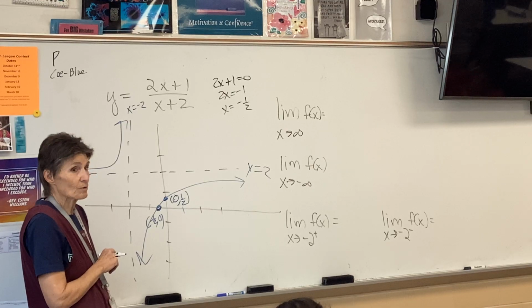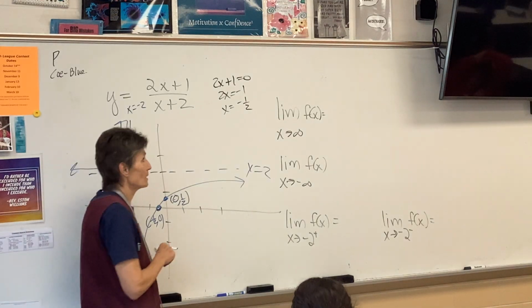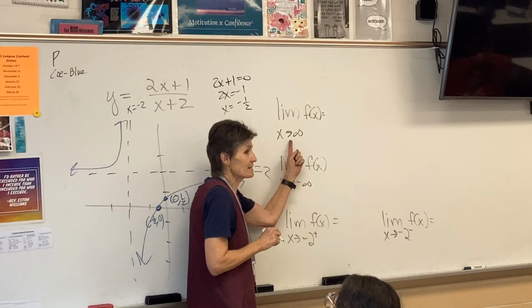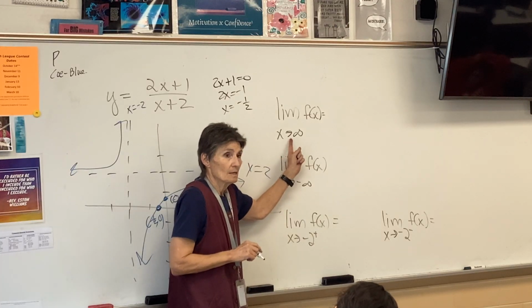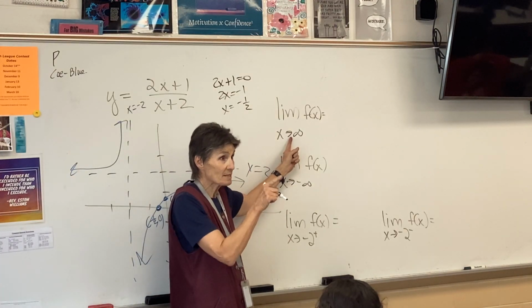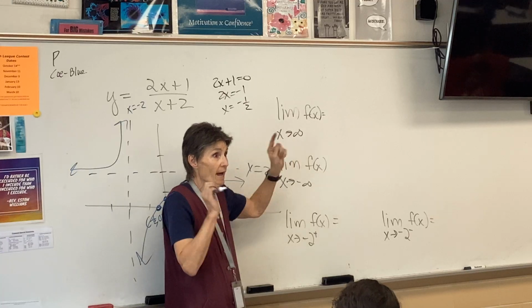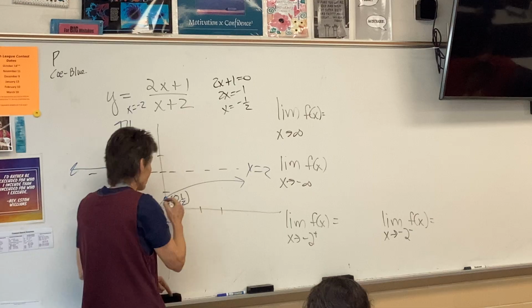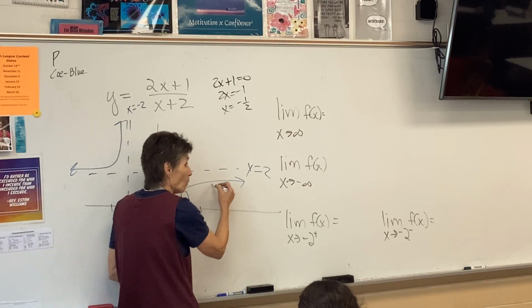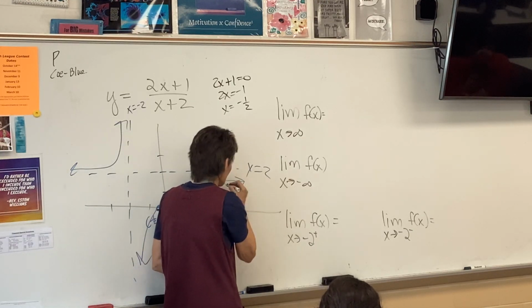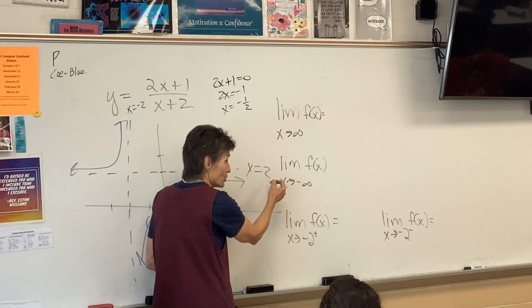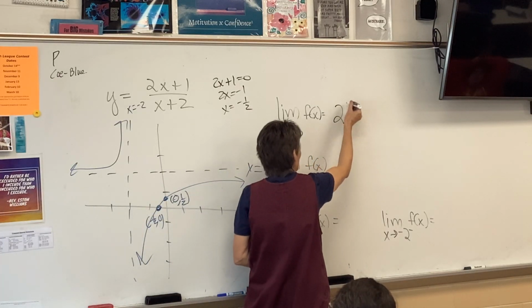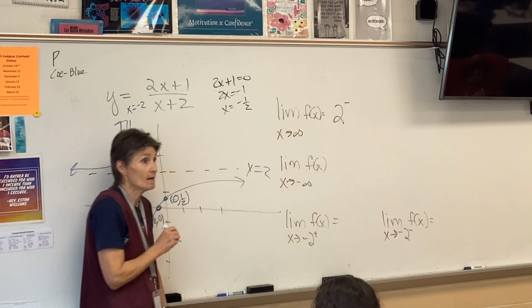Now we have to answer the limit questions. What is this saying? This says what happens to the picture as we go that way. We're getting closer to 2, and we're coming in from the bottom.